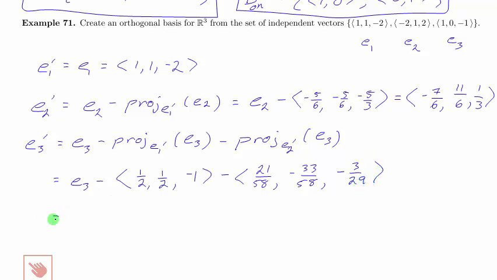And if you work through all of the algebra, we end up with 4/29, 2/29, and 3/29.